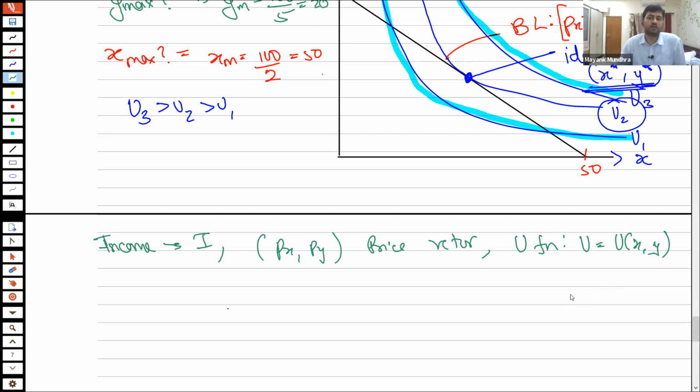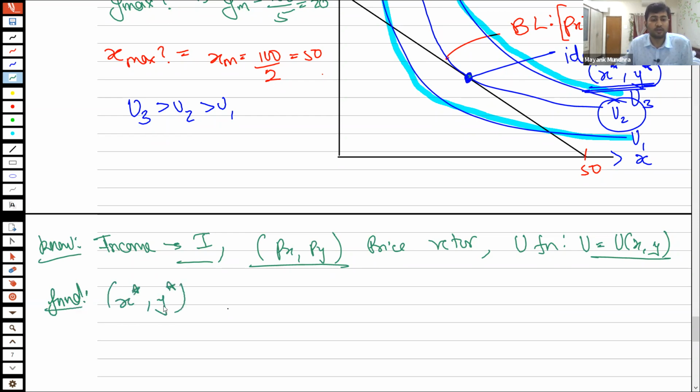So these are the things we know, and with the help of these things, I want to find this x star, y star. Things to find: x star comma y star. This is what we have to find.